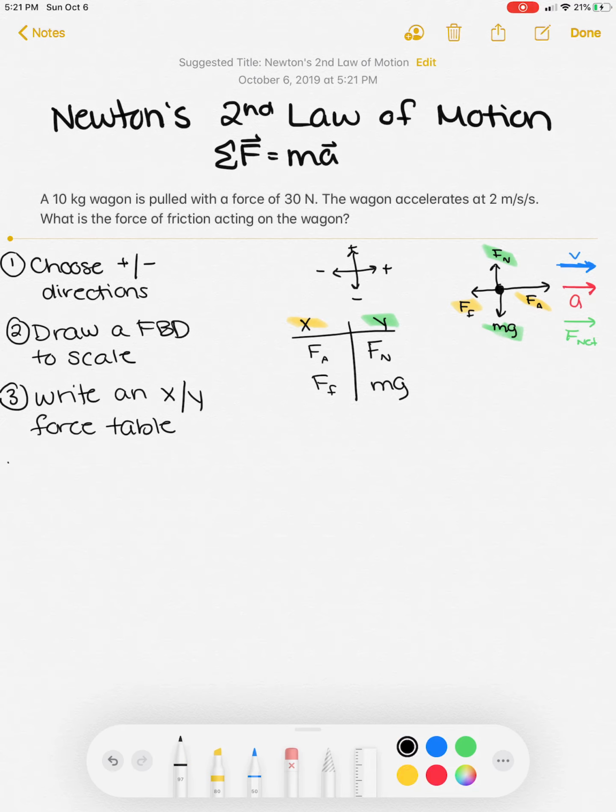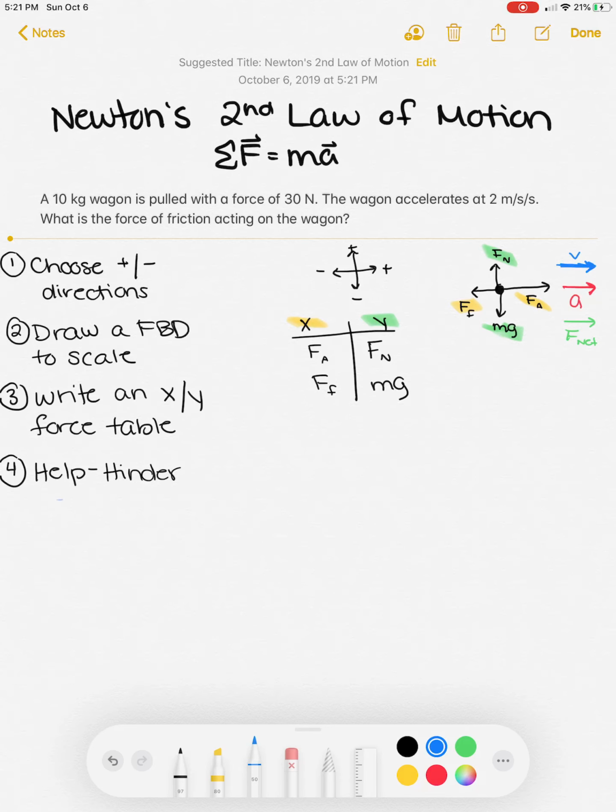And then I'm going to think about the signs. Remember, force is a vector, so we have to have positive and negative to show the direction of those forces. So we are going to use the help minus hinder method. To use that method, you just can think to yourself, is this force helping the motion or is it hindering the motion?